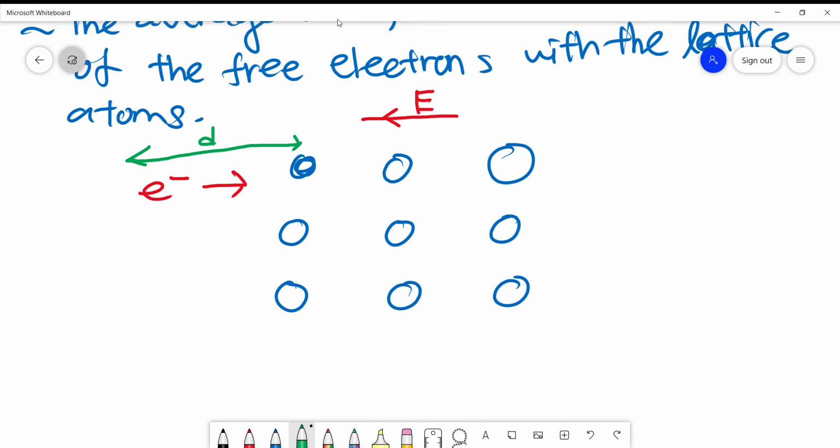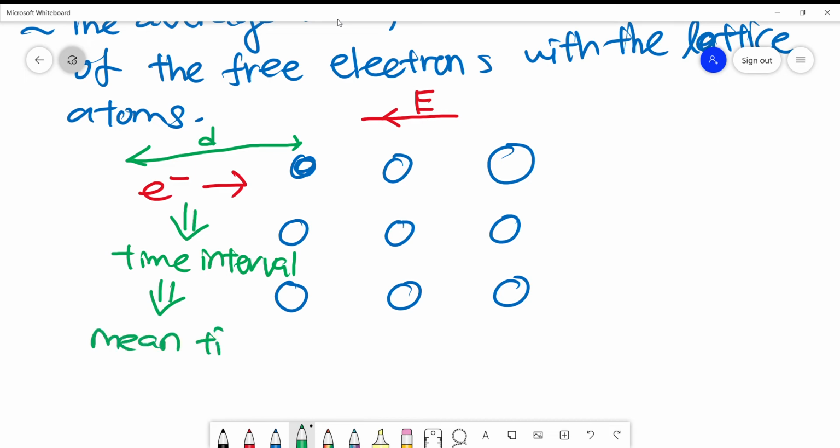And between this distance, there is a time interval, the time interval in which the free electron is about to collide with the lattice atoms. So this time interval is what we call the mean free time.